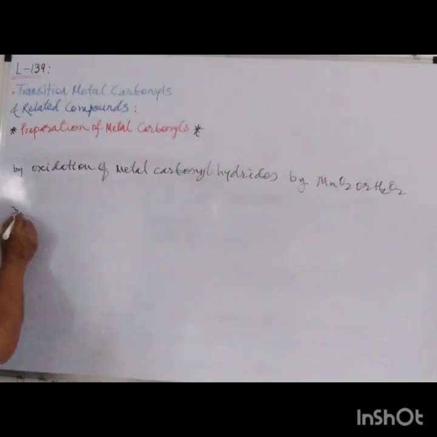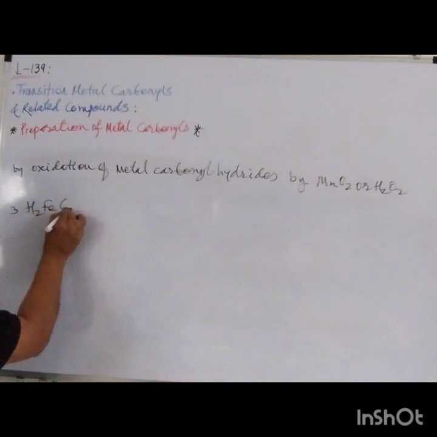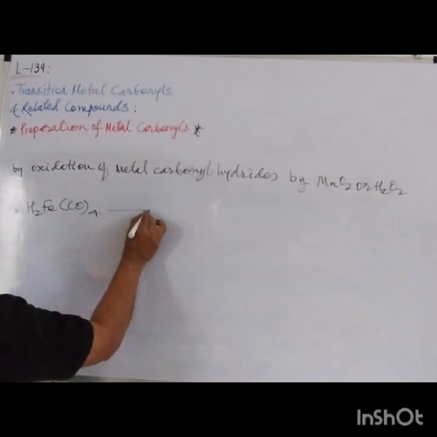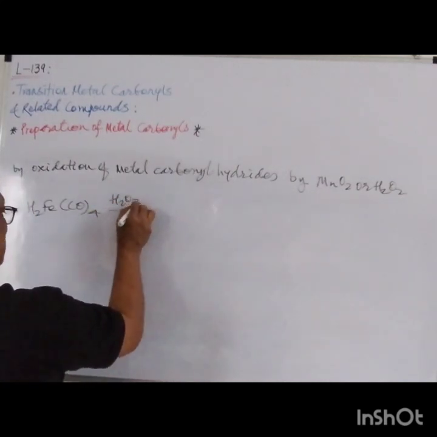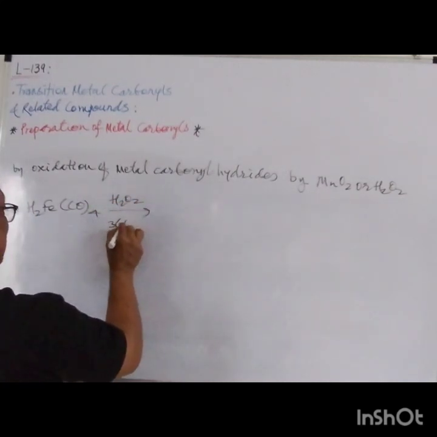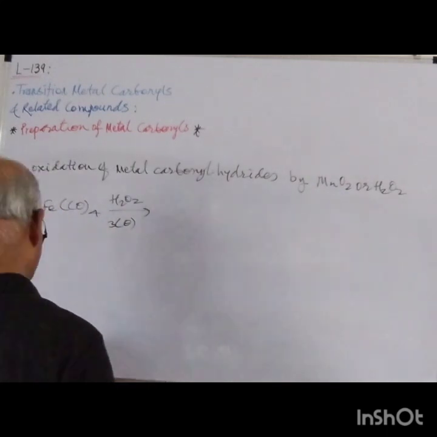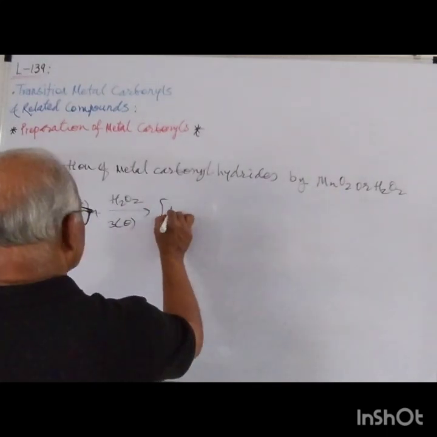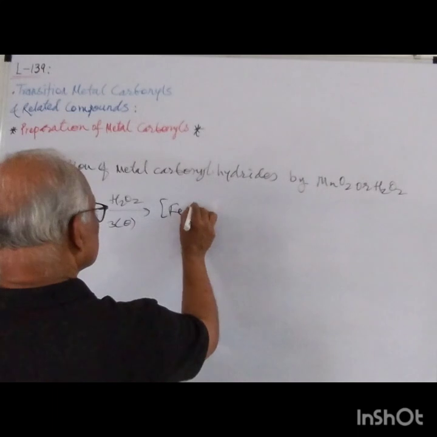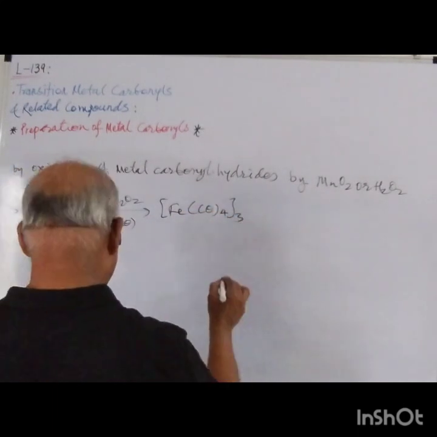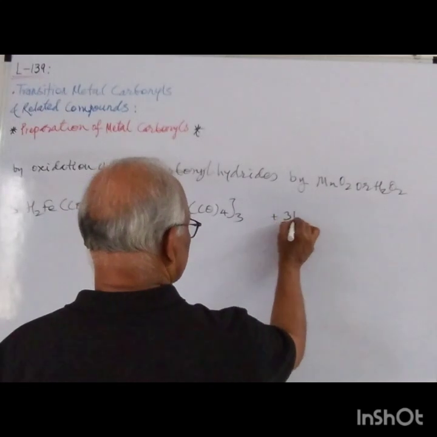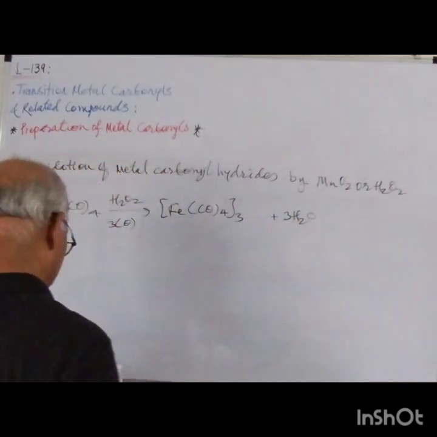So here we get thrice H2Fe(CO)4, by the action of H2O2, that is using thrice oxygen, it gives Fe(CO)4 thrice plus thrice H2O.